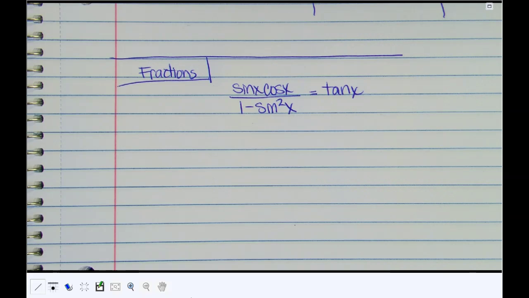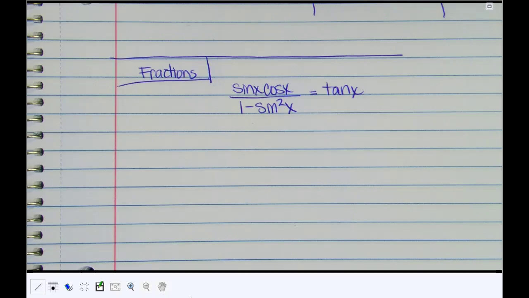So this one, there are no choices. If we want to do this easily, there are no choices. So on the bottom, really the only thing you can do, because everything on the left is already in terms of sines and cosines, is this. You've got 1 minus sine squared.